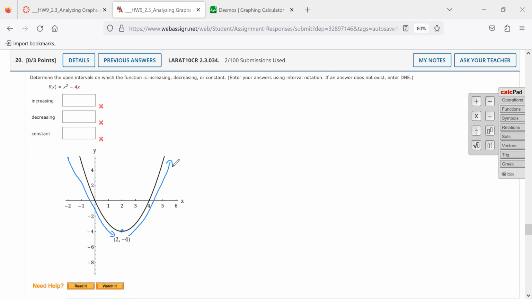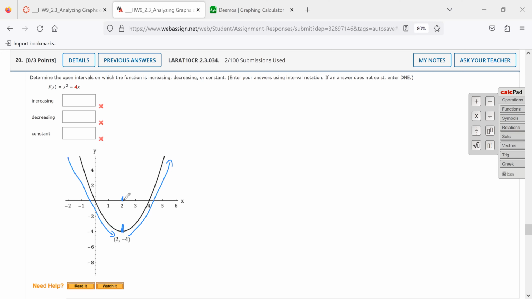The interval for increasing. Yeah, we're increasing from after this point.